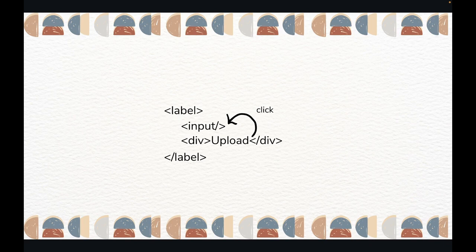Then what we can do is hide the input and our problem is solved, because I can now modify the styles of the div tag and make it look like a button. I can also show some focus styles on it. So we'll see this solution.